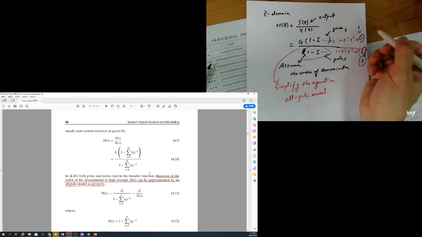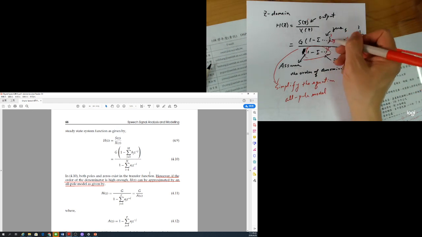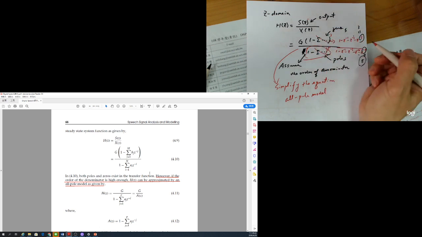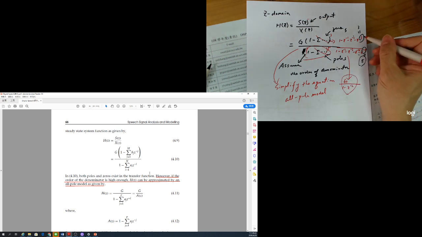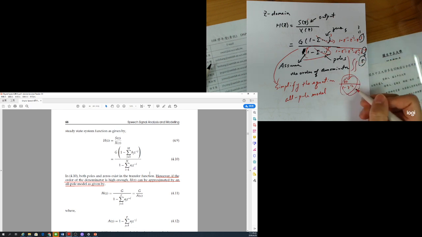We try to make sure, because of this 3 and this 5, we can delete some terms and simplify the equation to become the all-pole model, maybe just of order 2. Because the numerator order is 3 and the denominator order is 5, maybe we can approximate the all-pole model with a denominator of order 2.